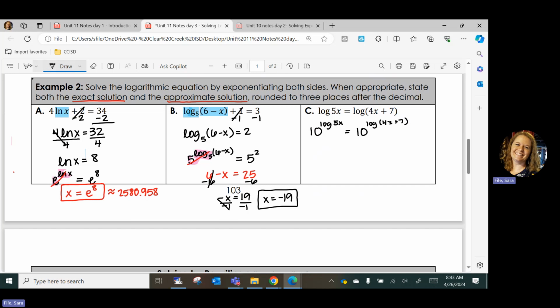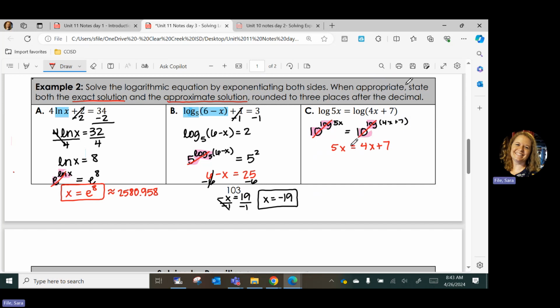And on both sides, base 10 to the power of log base 10, I know is going to eliminate or reduce and leave me simply with the 5x equals 4x plus 7. Now, I told you earlier, this is not my method of choice. It's a method that works. It makes sense. It uses all the properties that we've learned. But in this case, that's an extra step.